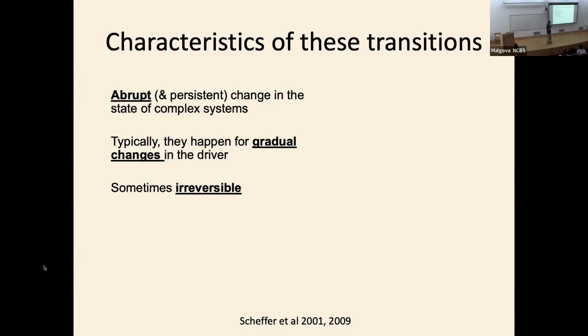However, even for small changes in the driver, sometimes you can have a very nonlinear, abrupt response of systems. And these abrupt responses and the change in the stable state could even be irreversible in a real ecological context.